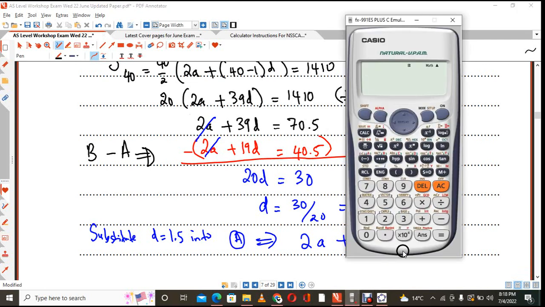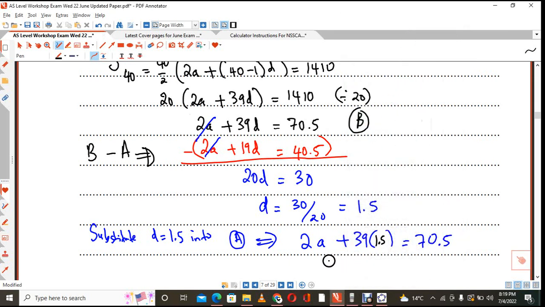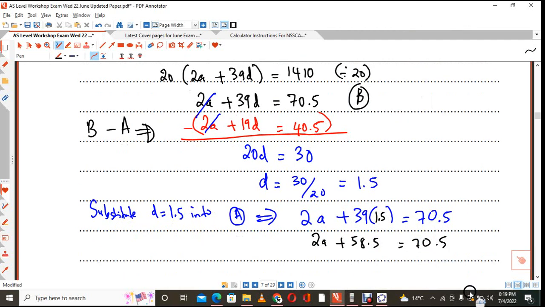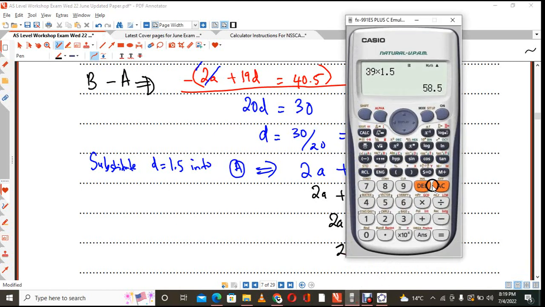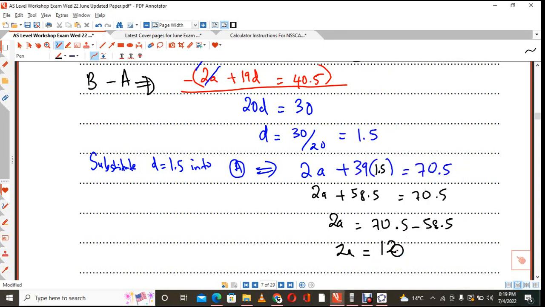So 39 times 1.5 gives you 58.5. So that's 2A plus 58.5. You're going to move that 58.5 over. You're going to have 2A equals 70.5 minus 58.5, so the answer is 12. Therefore, A equals 6.